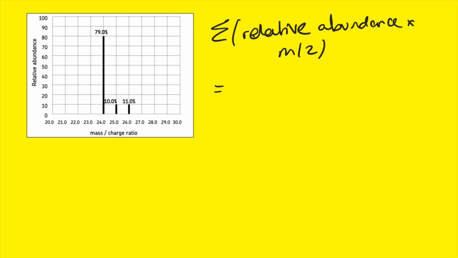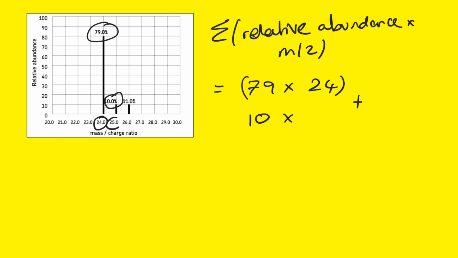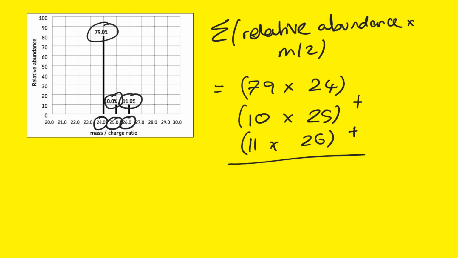So we've got the 79, which is the relative abundance of the first isotope, times 24, which is the mass to charge. We add that to 10 times 25, and add that to 11 times 26. Add all of that up in your calculator, and you'll get 2432.